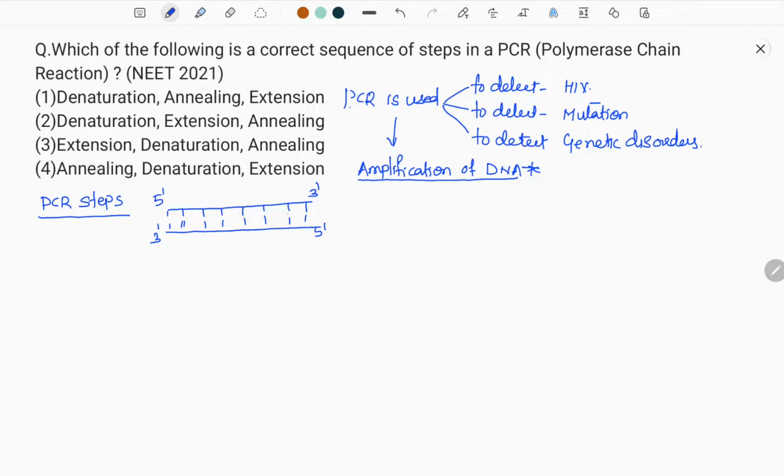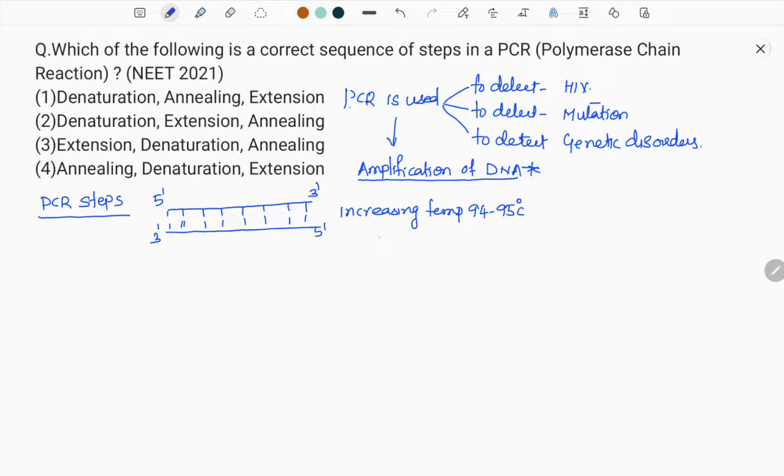Now these two DNA strands need to be separated for synthesizing the complementary DNA strands. So for the separation of two DNA strands, we need to increase the heat. We need to provide a temperature of about 94 to 95 degrees Celsius.